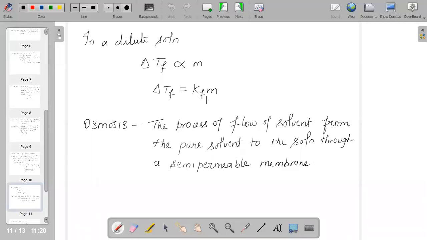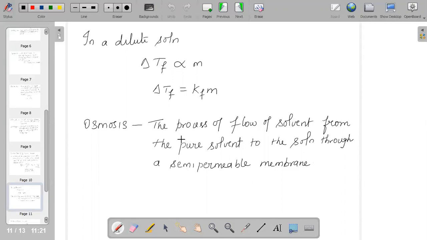That is why we call it the freezing point depression constant or molal depression constant.